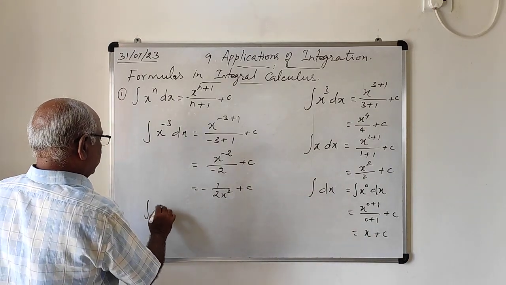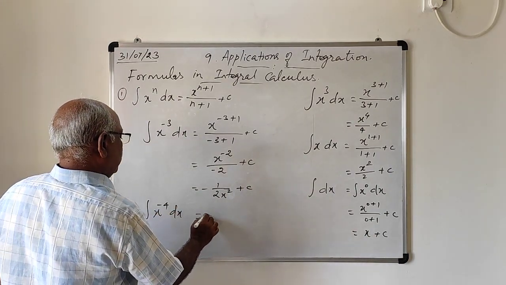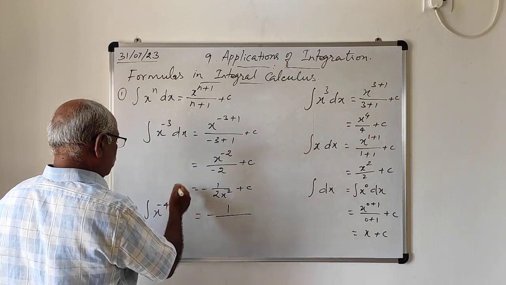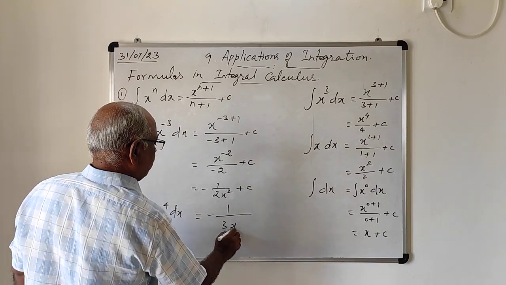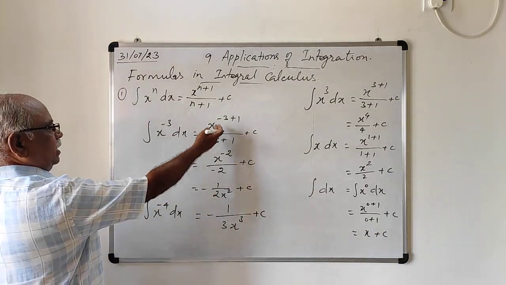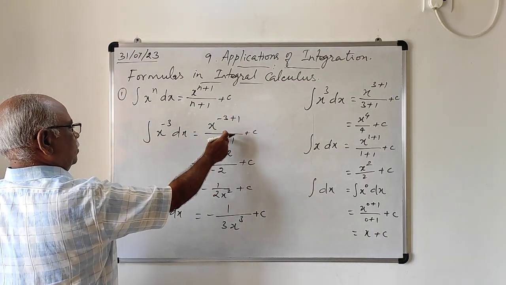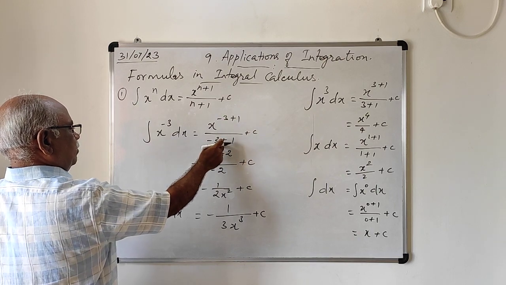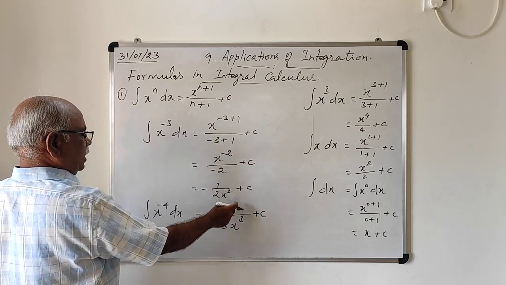Similarly, the integral of x power minus 4 dx is x power minus 4 plus 1 by minus 4 plus 1, which is x power minus 3 by minus 3, that is minus 1 by 3 x cube plus c. The same idea.